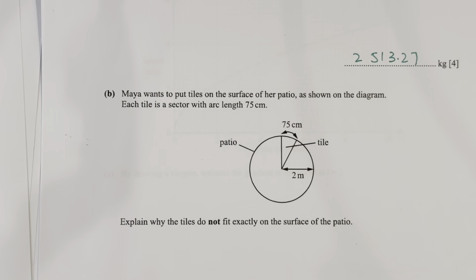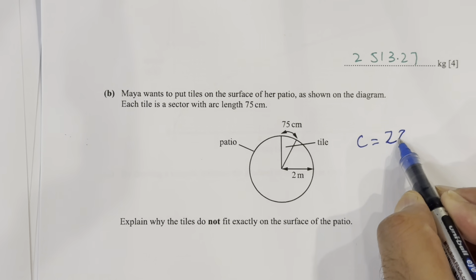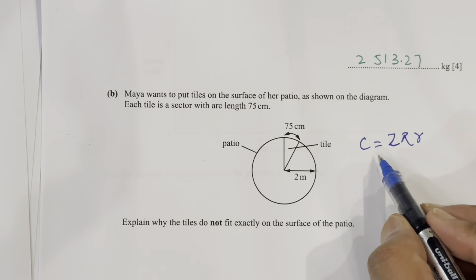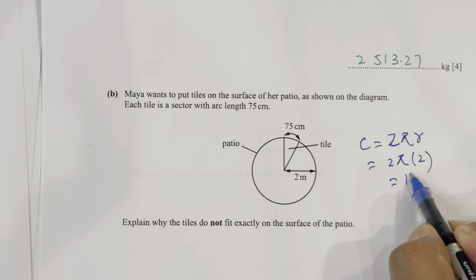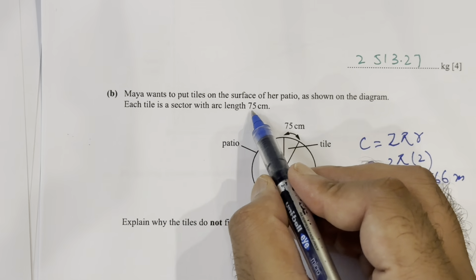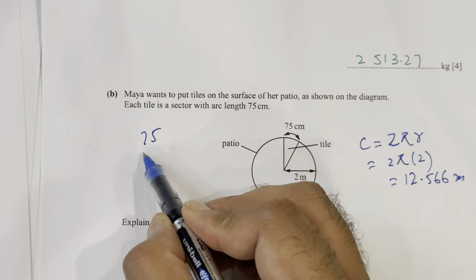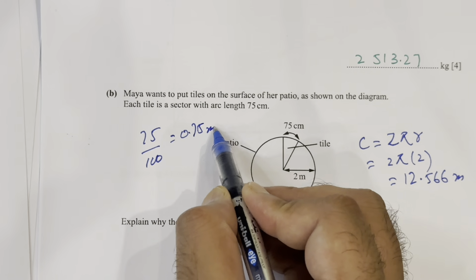For checking it and showing it, first we need to calculate the circumference of the circle. C is equal to 2 pi r. 2 pi multiplied by 2, answer is 12.566 meter. And by dividing 75 over 100, it would be 0.75 meter.